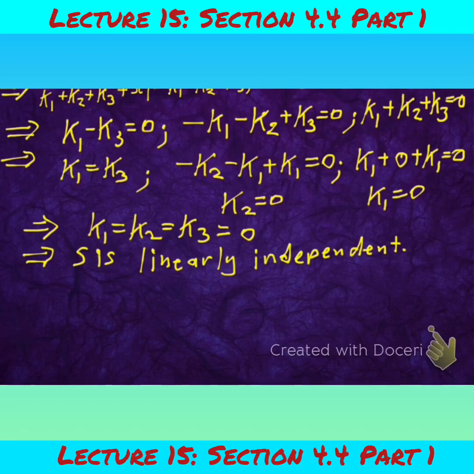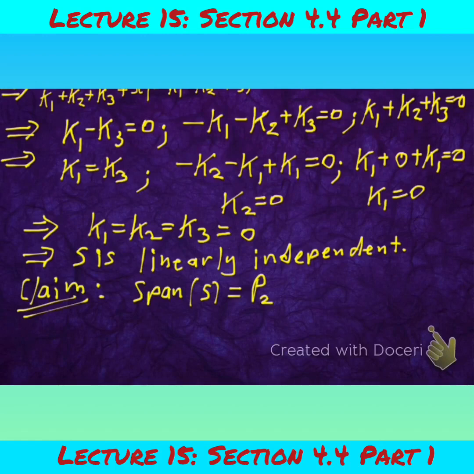What's the next thing we need to check? We need to check span. We need to check whether S spans P2. I'm claiming that the span of S is actually the whole vector space P2. Now, what is the vector space P2 again? It's the space consisting of all polynomials of degree at most 2.